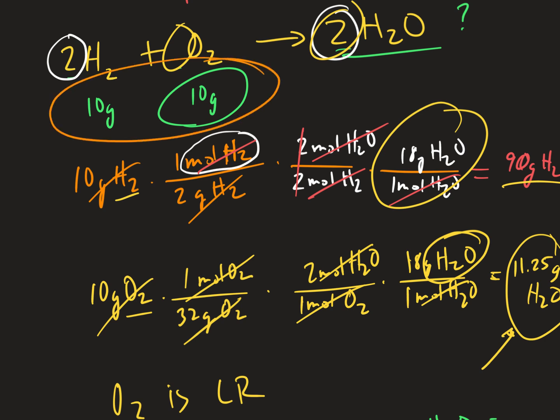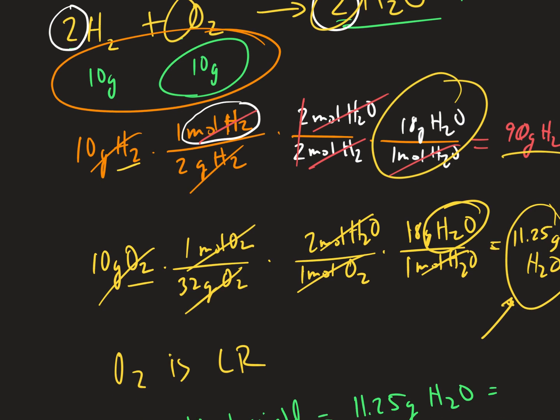Which one should we start with if we want to find out how much hydrogen gas we have left over? Think about this and make a guess. Nobody wants to be wrong.